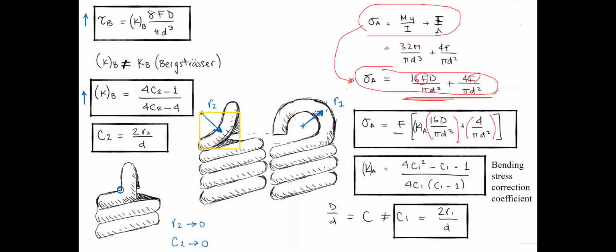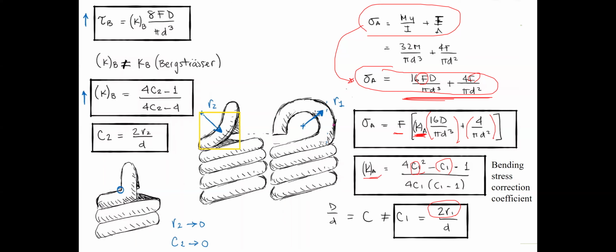And we provide the correction factor Ka here. It's called the bending stress correction factor Ka. This Ka is related to the curvature, or say the radius. So Ka is a function of C1, and C1 equals 2R1 over the wire diameter.